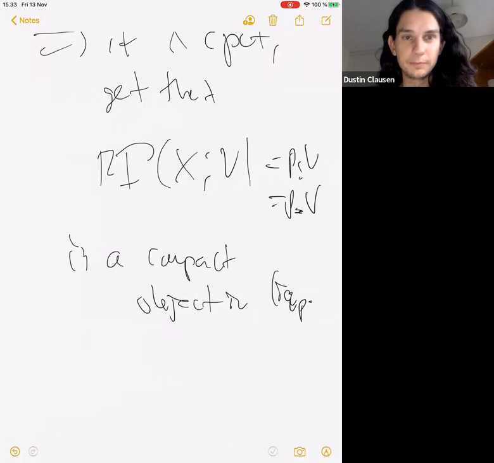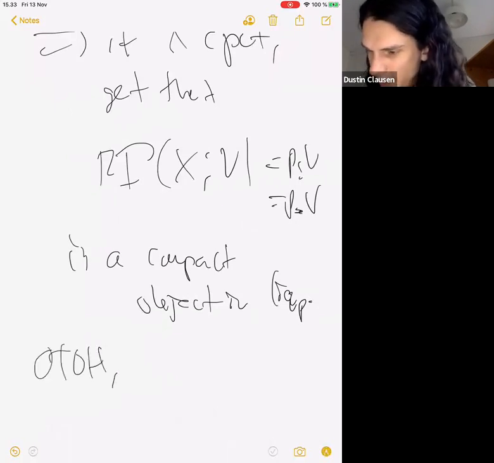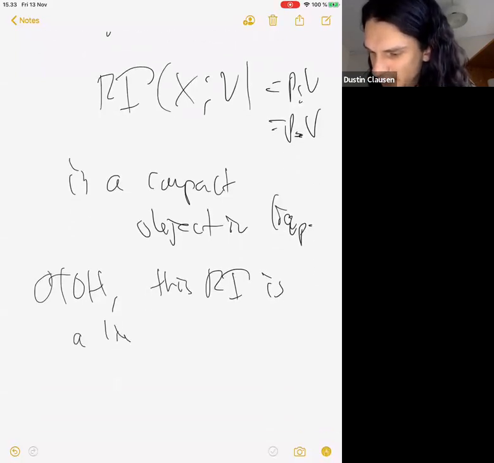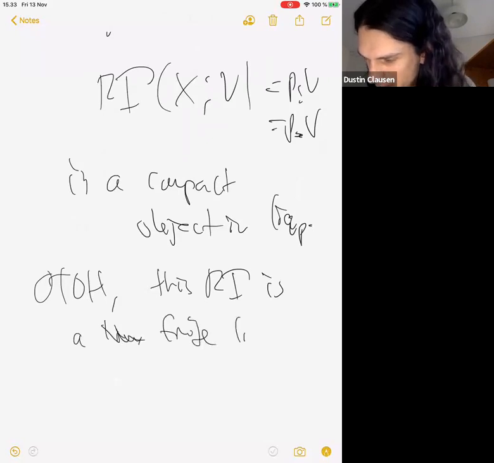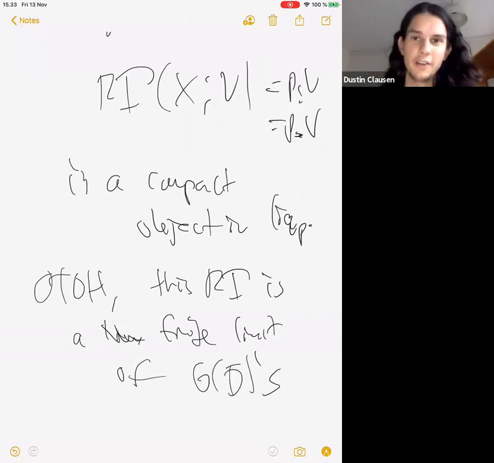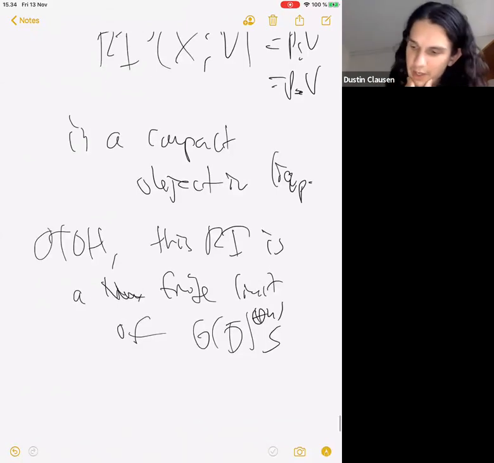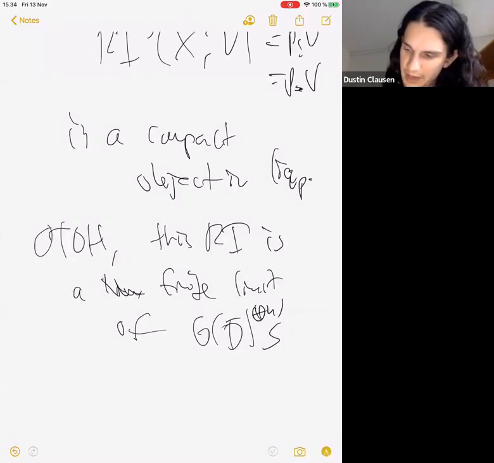Okay. On the other hand, well, for any X, oh no, let's just work with compact X. It is by definition a finite limit of these D bars. So if you just cover your compact Riemann surface by finitely many disks, then you'll see that your global section functor is always glued from its values on the disks there.